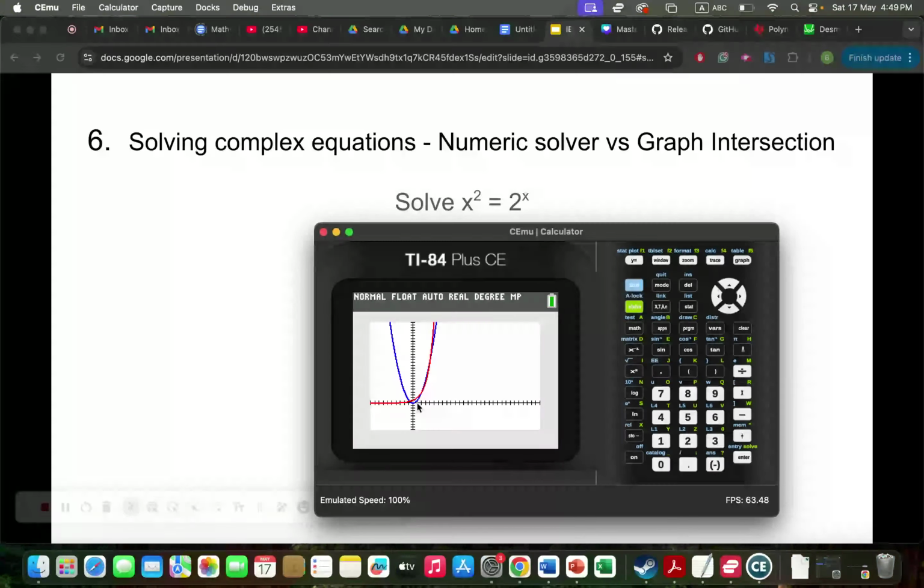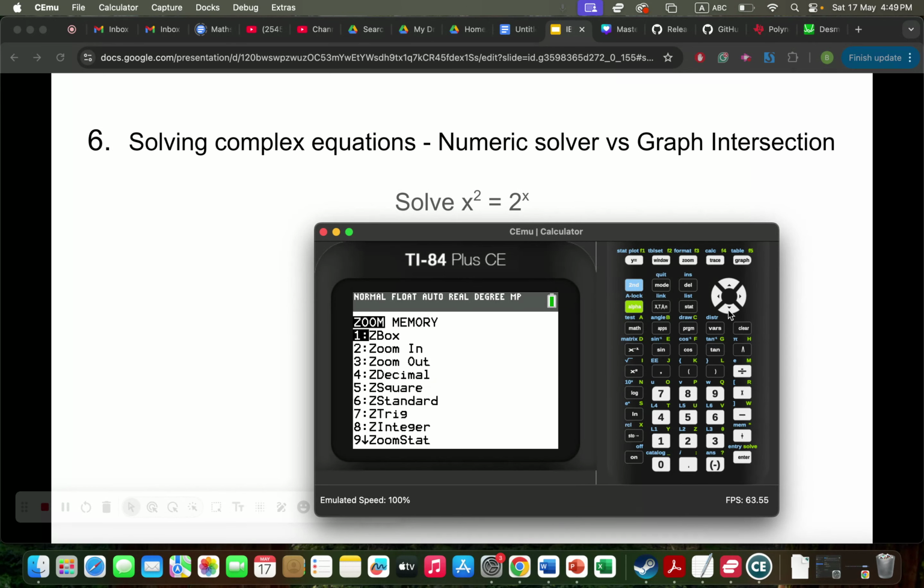And what I'm going to do is I'm going to get the calculator. So let me just try to see if I can get a better size to this. Probably not the best feature in this case. Okay, zoom fit is probably not going to be good.